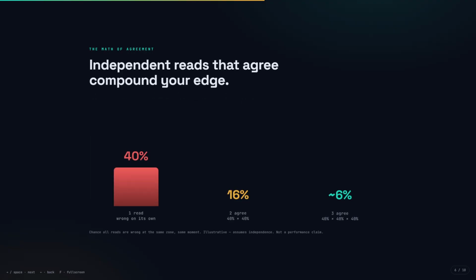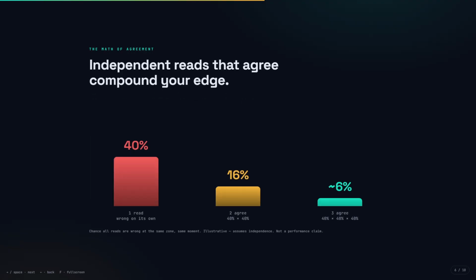Let me show you why this matters with simple numbers. And to be clear up front, these are illustrative numbers to explain the logic, not a claim about anyone's results. Say you have one read that's wrong 40% of the time. On its own, that's a coin flippish edge. You'll get faked out a lot. Now add a second, genuinely independent read that's also wrong 40% of the time.